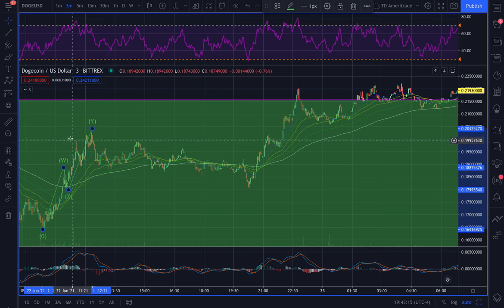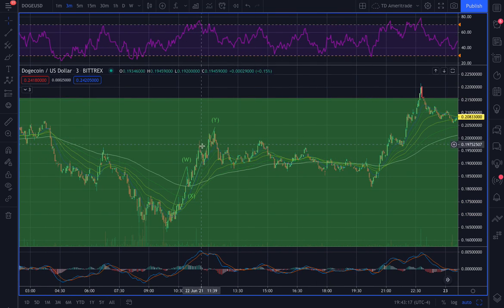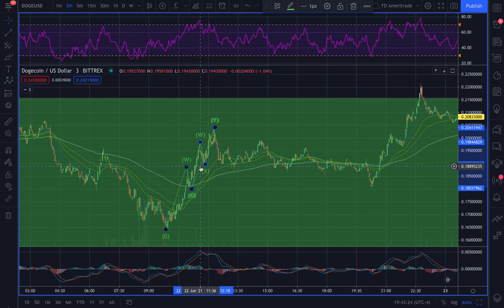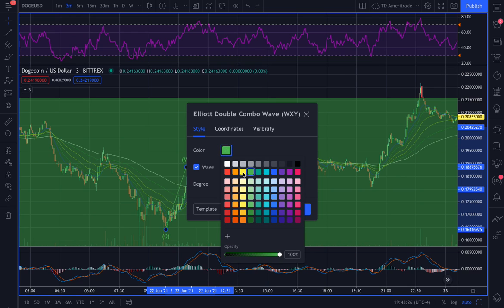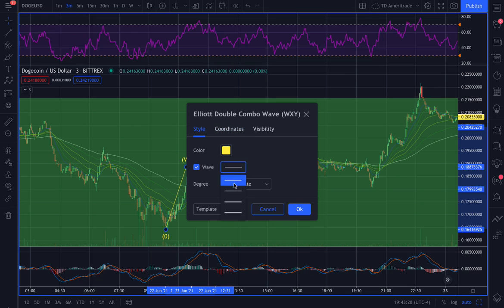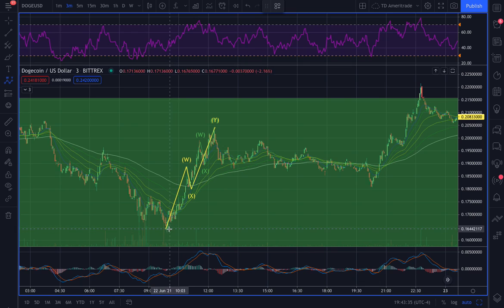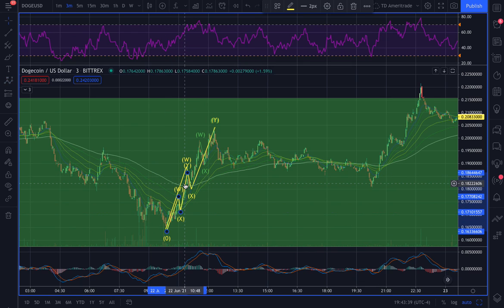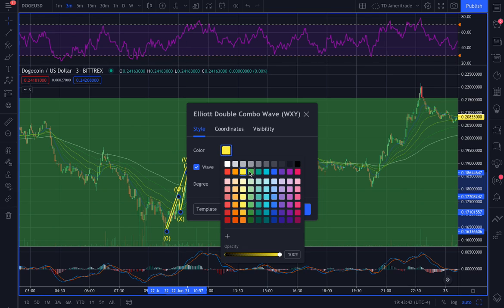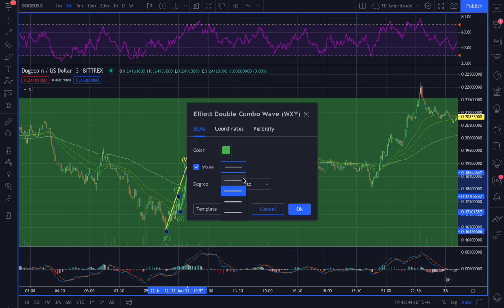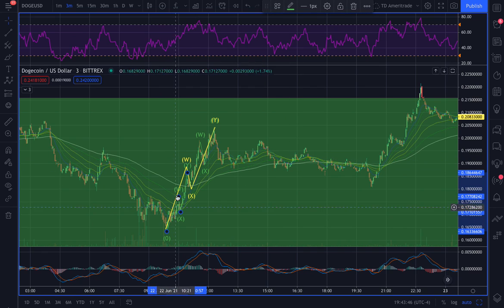But this was wave 1 of the wave 3. Does that make sense? Change this one back. So that was a subwave. And now I can kind of see it right here. Does that make sense?